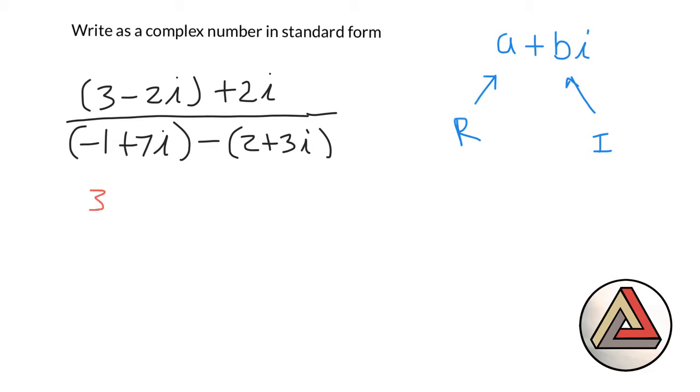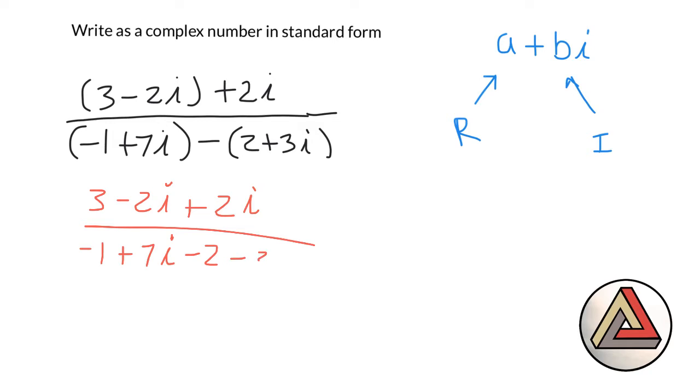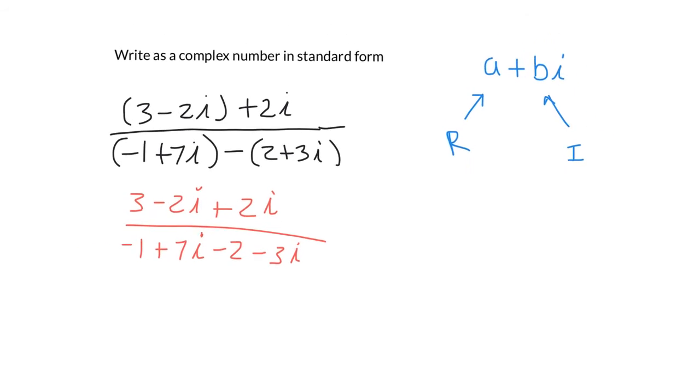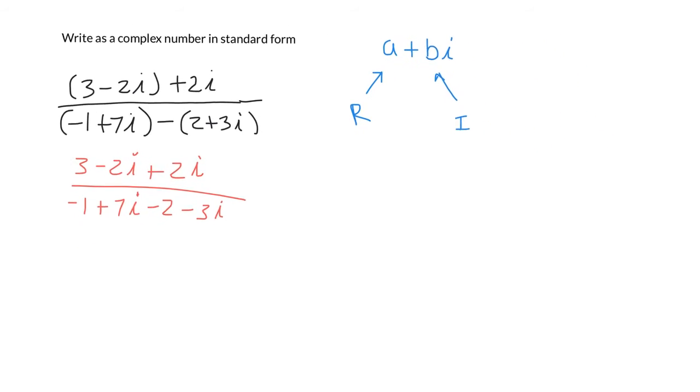So that's going to be 3 minus 2i plus 2i, and that's going to be all over negative 1 plus 7i minus 2 minus 3i.